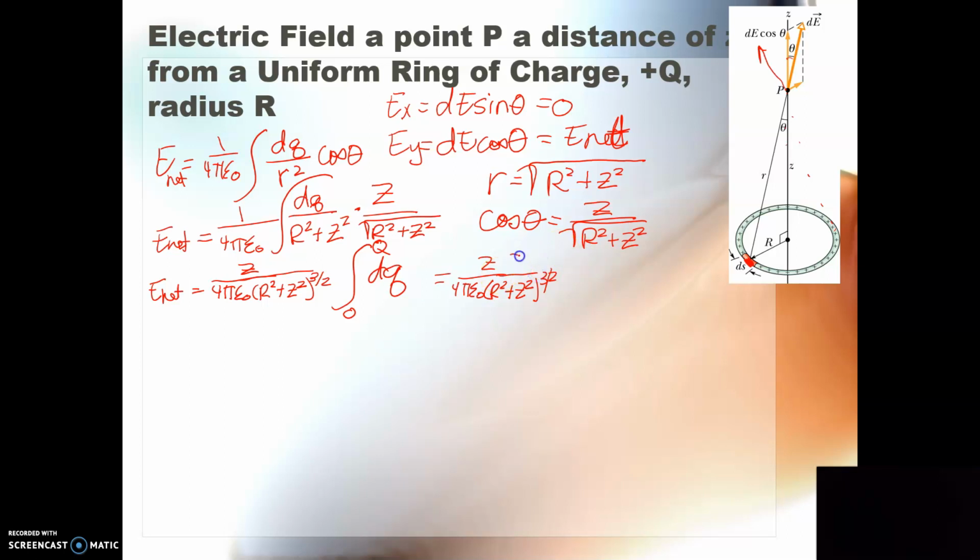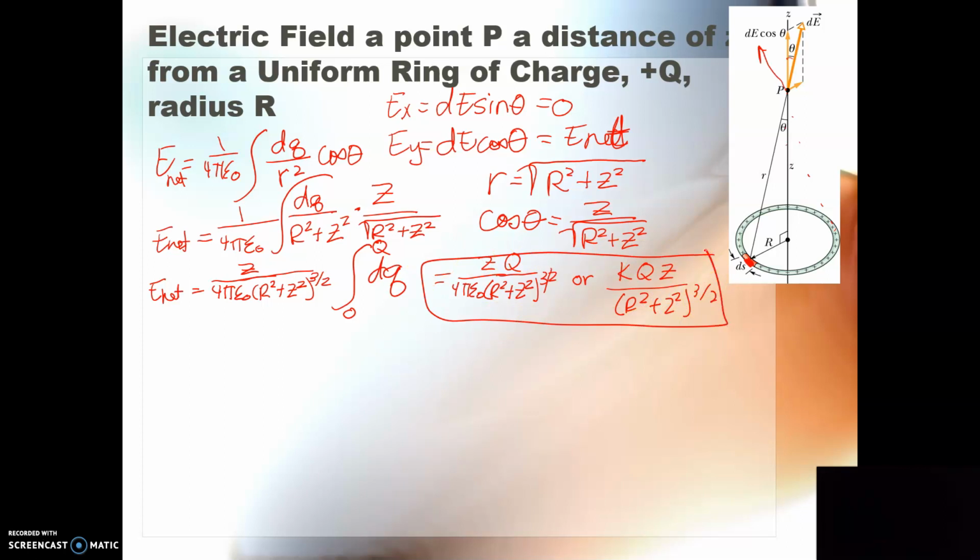So that means I'm just going to put a q up here. Wow, that's it. Or of course you could write it in terms of k, so we'd have k, I'm going to put the q first just because I like q first, z over r squared plus z squared to the 3/2. Either of these would be an acceptable answer.